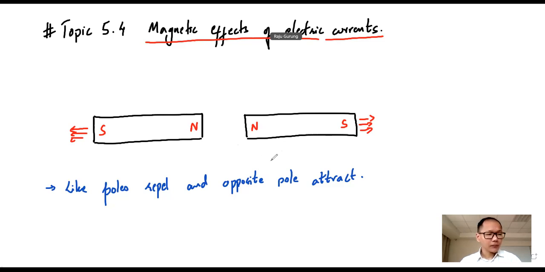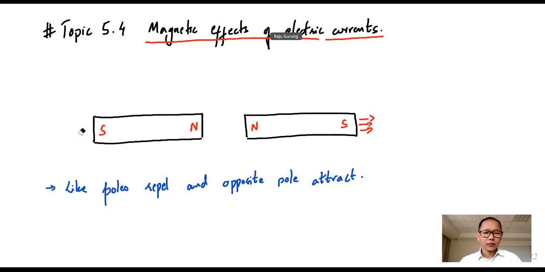Okay, so this is basically a force law in the magnet. Now, let us write some definitions of magnetic fields and magnetic field strengths. But before that, let's talk about the field direction of a combined bar magnet.